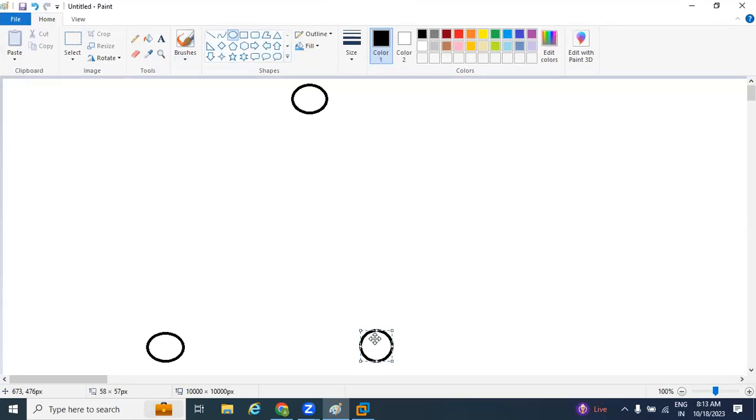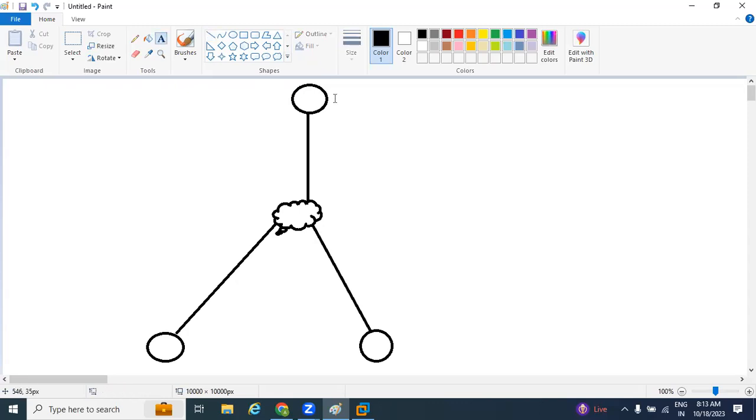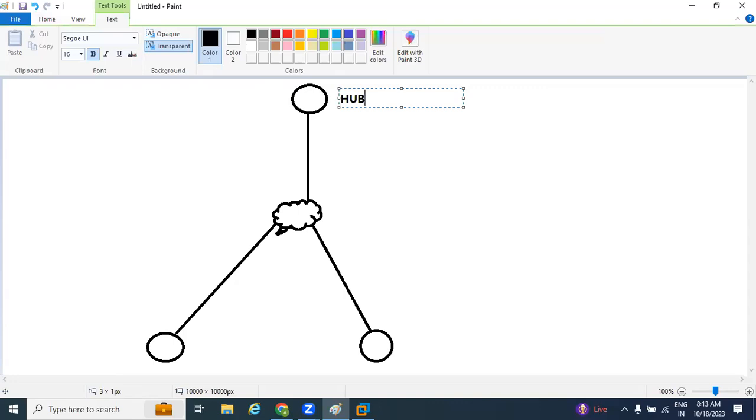First, let's talk about the two spokes. This is the ISP, and this is the hub, and the IPs we are using here are 11.1, this is 12.1 and this is 13.1.